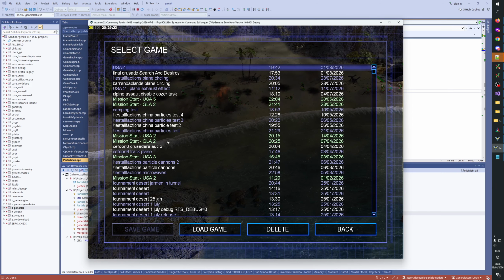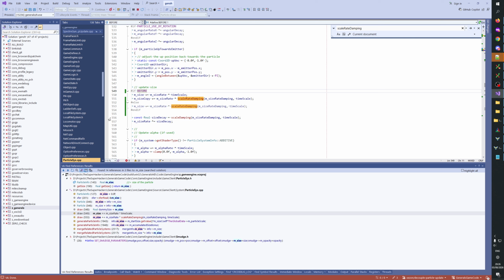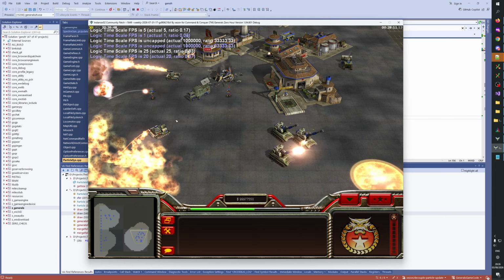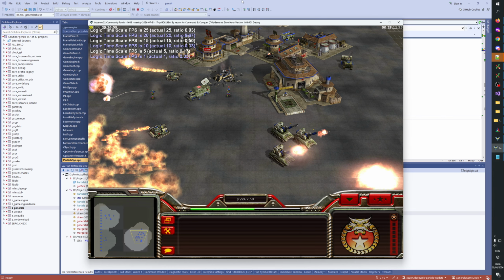Use a, here. Okay, then let's put a breakpoint here. Let's see what's going on. So we have a size and a size copy, and they are exactly the same because the time scale is 1 and that's expected. Okay, then let's decrease the logic scale.